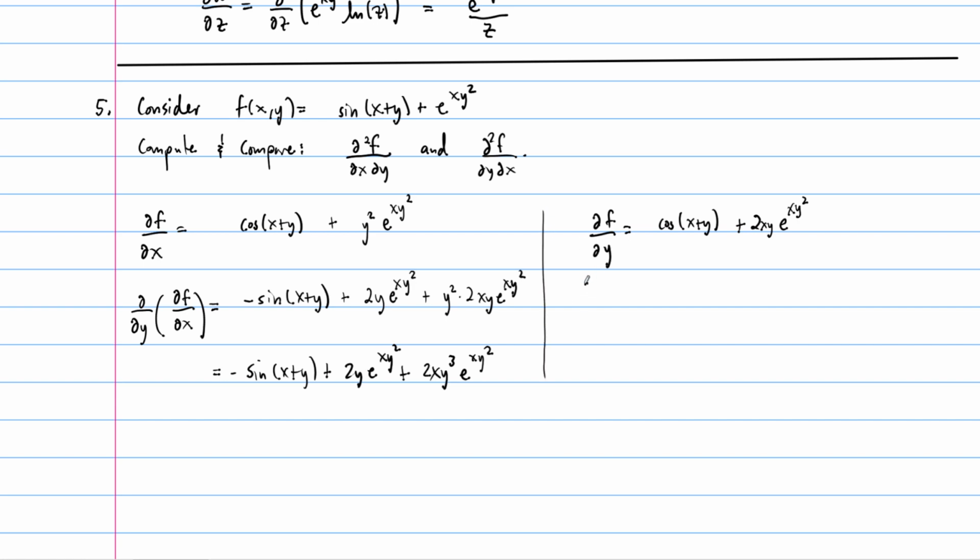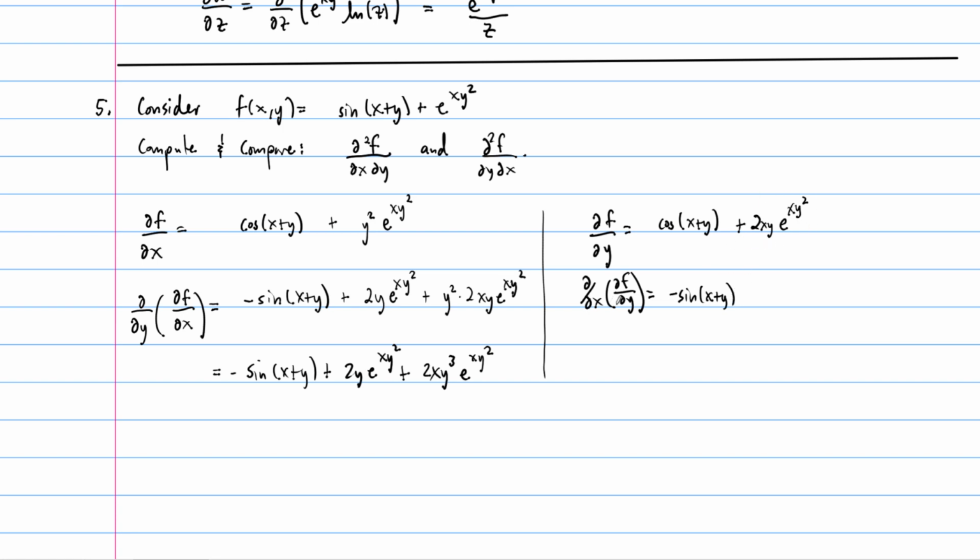Let's take now the x derivative of the y, df dy over here. See what happens. All right, first term, same deal. Derivative of cosine is negative sine, and the chain rule is going to say the inner derivative is 1. So this is minus sine of x plus y. And same deal.